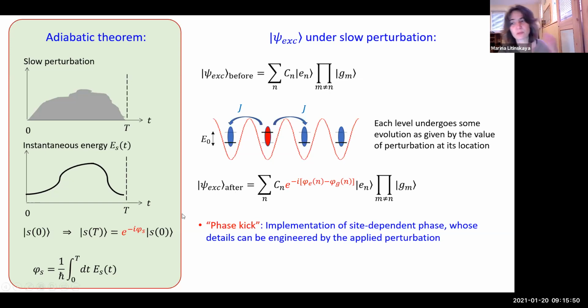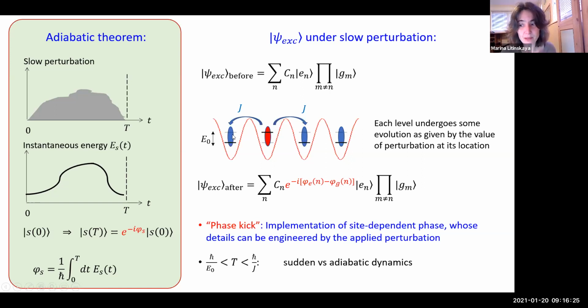So basically, we need to come up with some perturbation which would affect the dynamics of the energy levels in such a way that it produces a phase that we want. Now, the important thing is, what is the duration of this perturbation? As I said, the perturbation should be slow with respect to 1 over excitation energy, right? Because we don't want to have a population transfer.